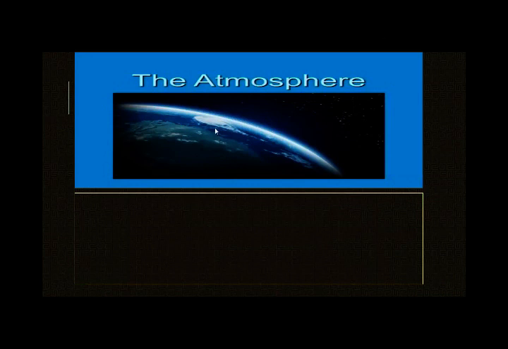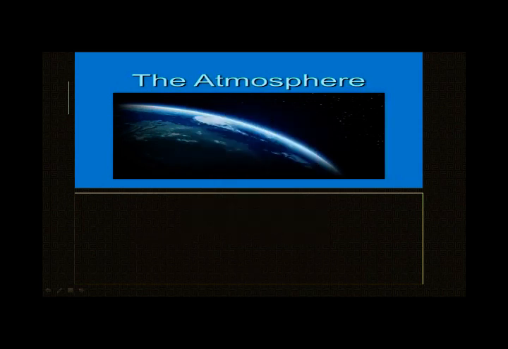It is like a blanket around the earth. It extends to several hundred kilometers above the earth. Without the atmosphere, there would be no life on earth because it contains the important gases, controls weather, protects the earth from the harmful rays of the sun and carries sound.